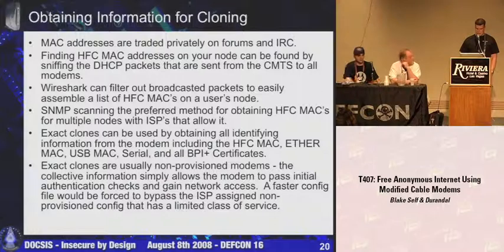Exact clones are usually non-provisioned modems, basically just to be able to pass an initial check. Dev Delay is going to get into this a little more, but with BPI Plus there start to be problems: if you just change your MAC and don't have a certificate that matches it, your modem fails the BPI Plus check. So in order to bypass that, you can make these perfect clones.